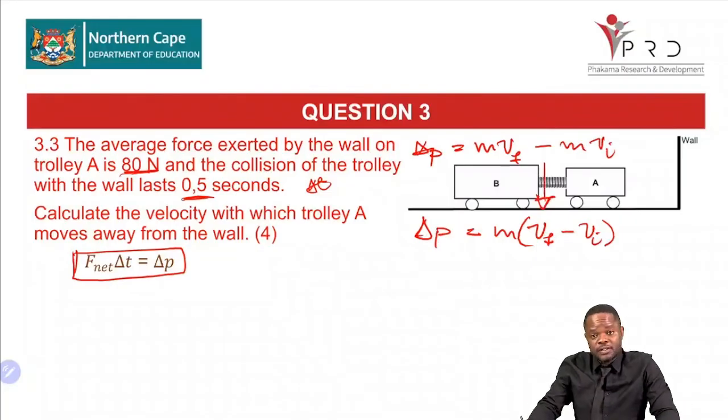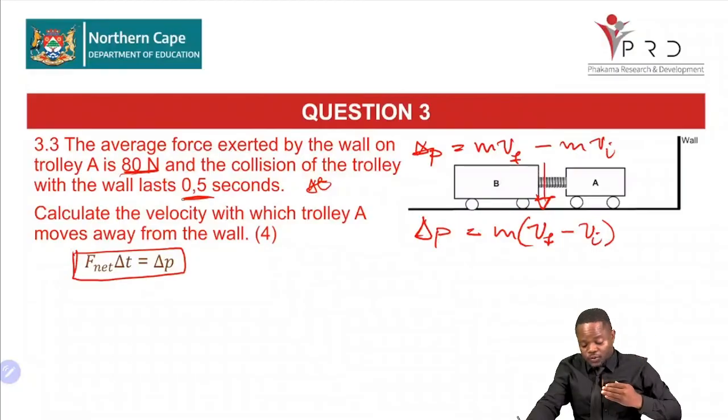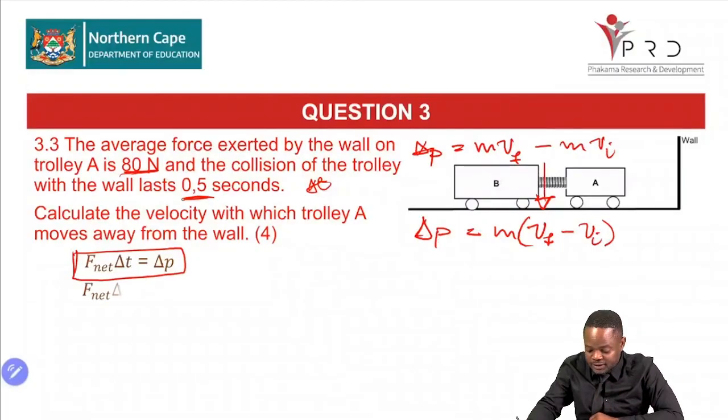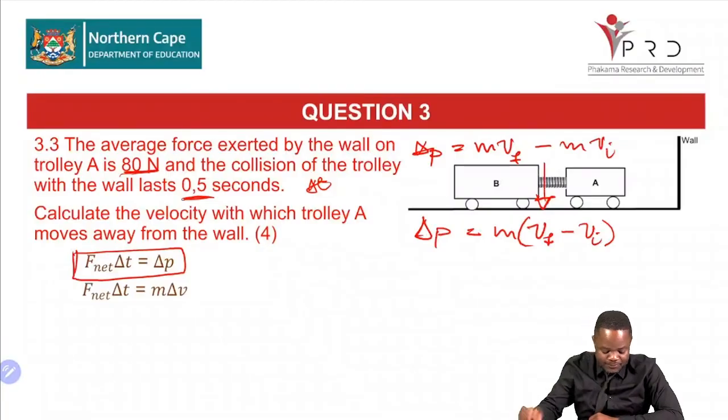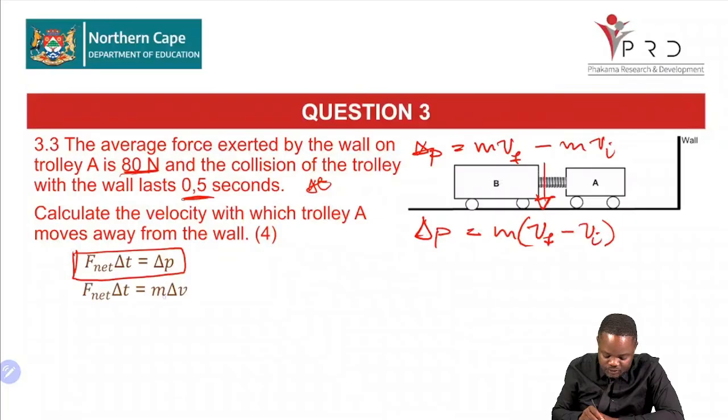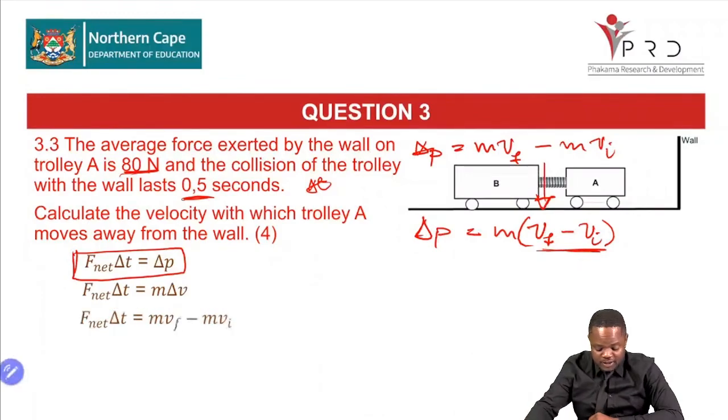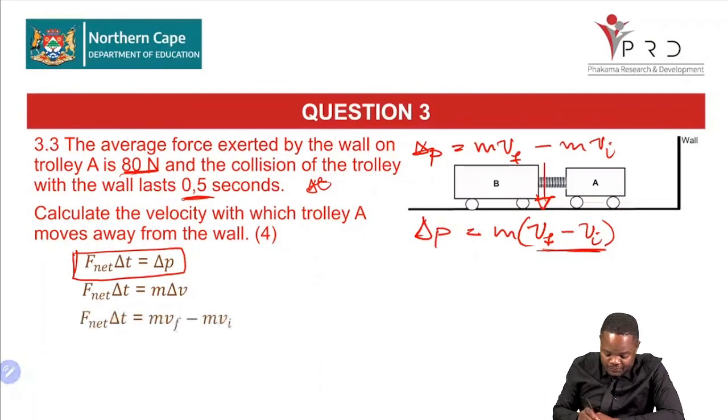of our formula, right? So we're looking at the wall, the force that the wall actually is exerting on A. So F net delta T is equal to M delta V, isn't it? M delta V, and this is our delta V. Okay, and we're saying mvf minus mvi.